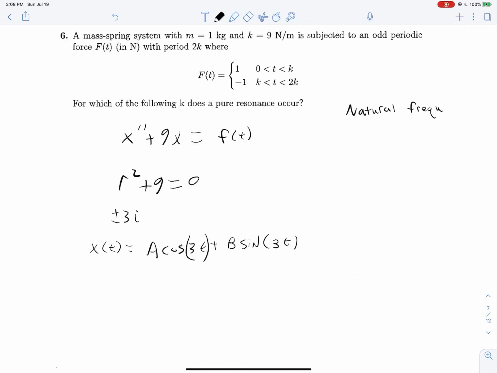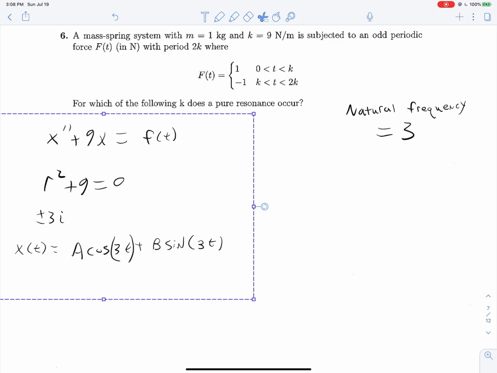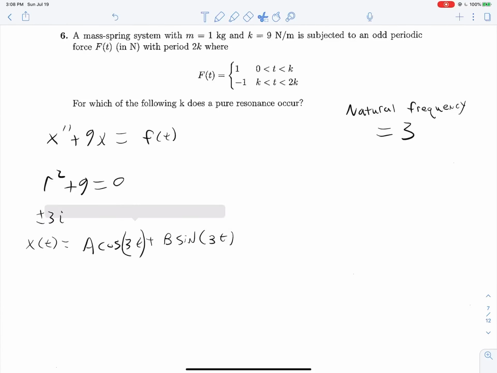So what this tells us is that the natural frequency is equal to 3. And so really what we're going to try to do here in just a second is, when we find the Fourier series of this function right here, what we're looking for is for there to be a non-zero term in that Fourier series that has a frequency of 3.